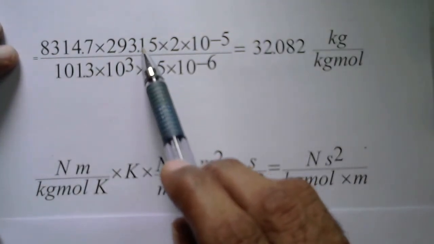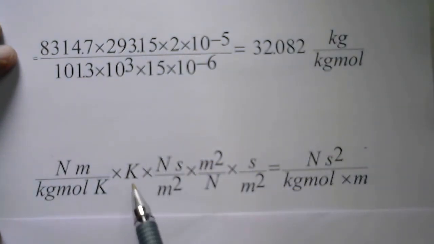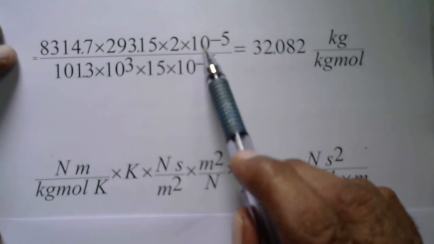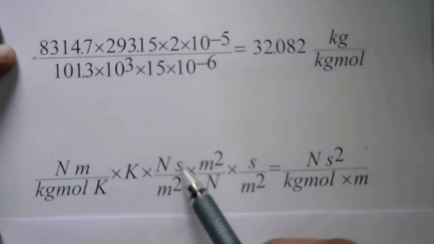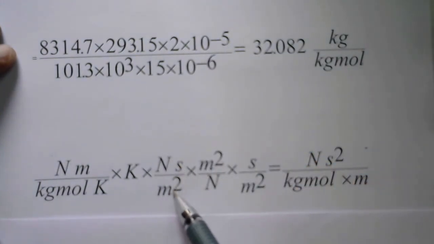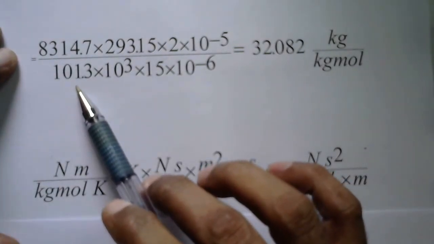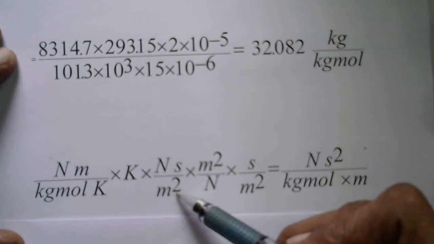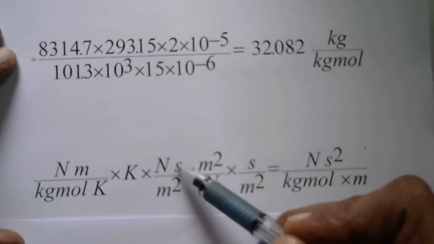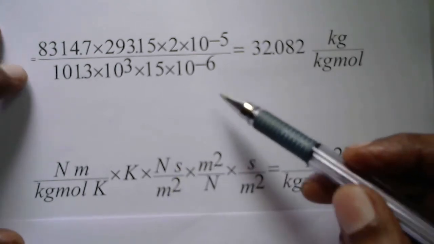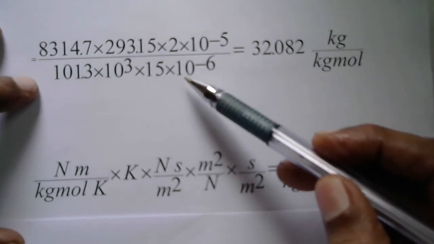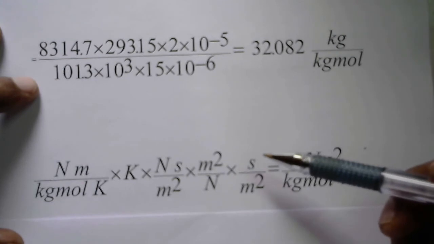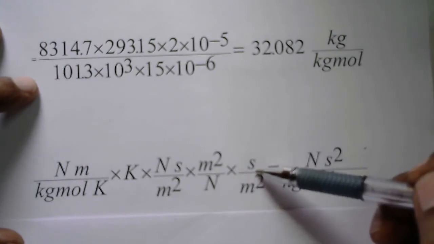And then the temperature is 293.15, the unit is K. And then the absolute viscosity is 2 into 10 to the power minus 5, and the unit is Newton second per meter square. The pressure below now is 101.3, so the unit would be of course reverse of that, Newton per meter square, and the kinematic viscosity of course is, I'm sorry, meter square per second.